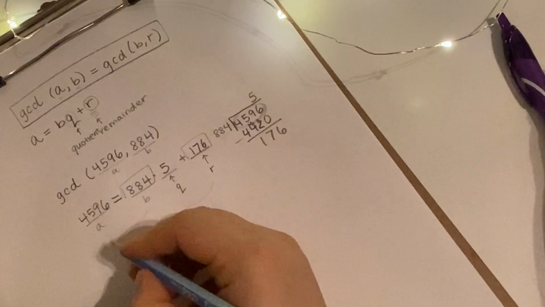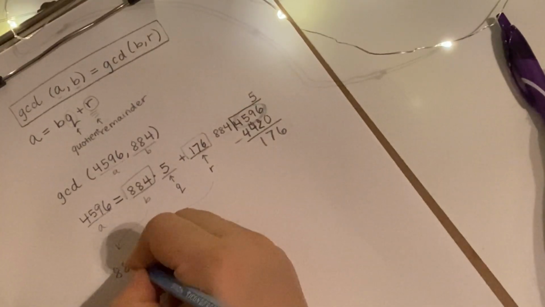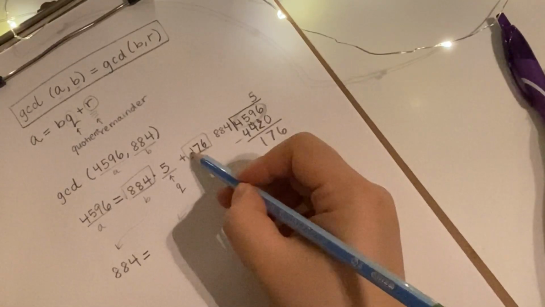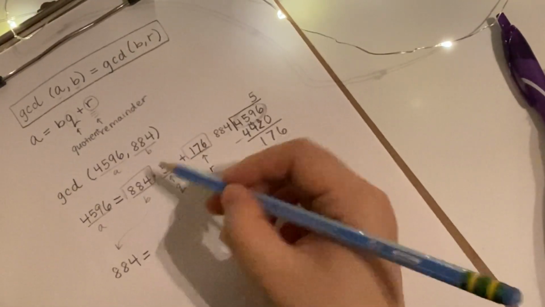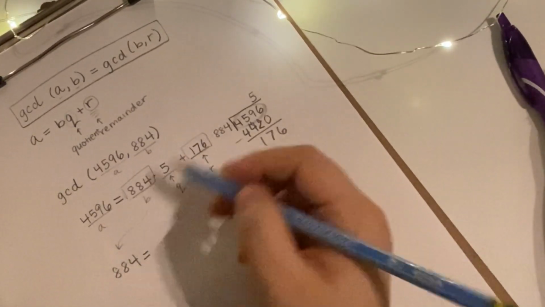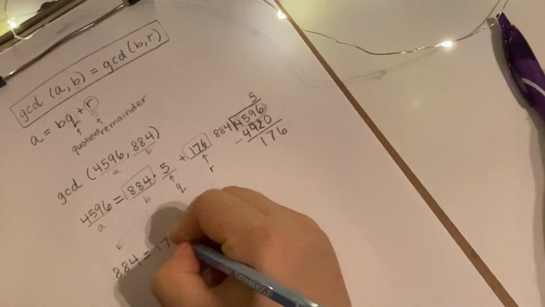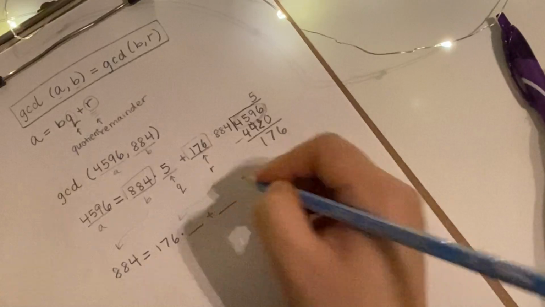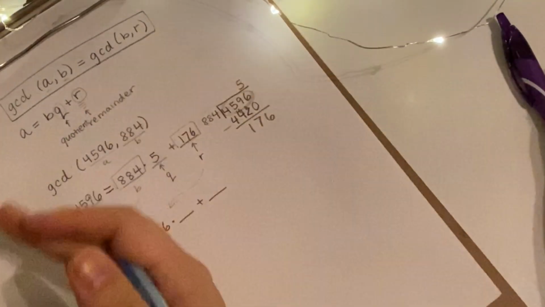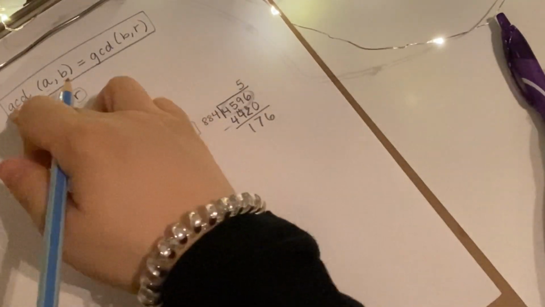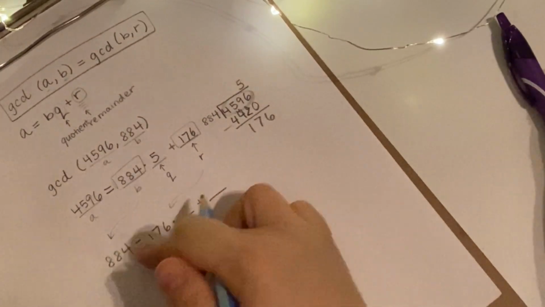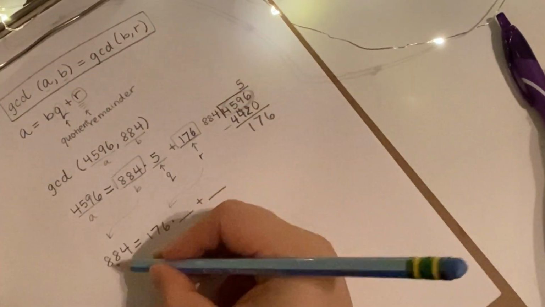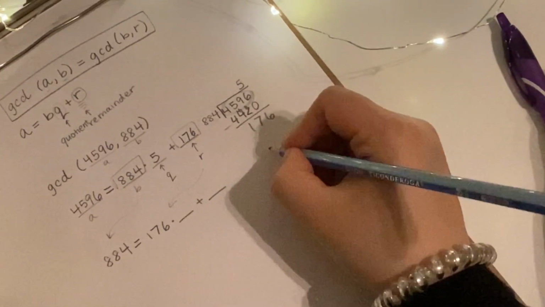So then you can say 884 equals, and then you move 176 in place of the B, and the B goes to A. So you do 176, shifting it over because you know that the GCD of these values is the same as the GCD of the A and the B.